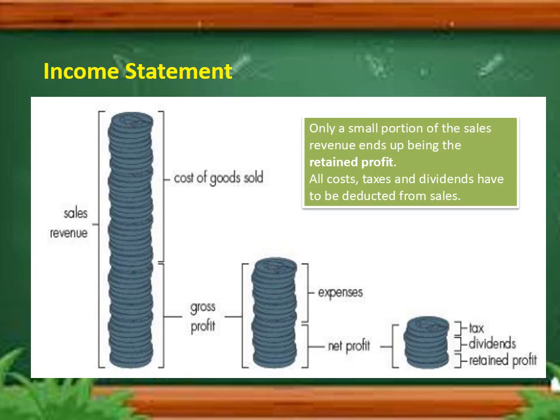From the sales revenue, the money that you've generated through sales, you have to deduct the cost of sales, you have to deduct all the expenses, and then you have to deduct the tax that you have to pay to the government. You have to take out the dividends that you have to pay to the shareholders, and then you are left with a retained profit that you could reinvest into the business. So, always remember, your revenue will not be equal to your profit.